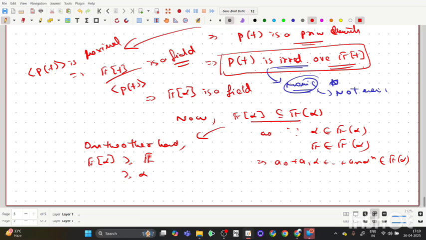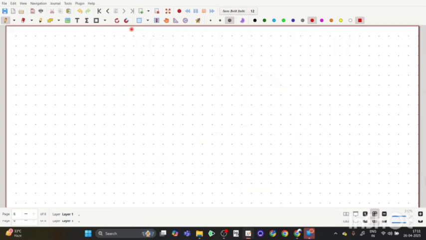So F is also in F[alpha] as the collection of all constant polynomials evaluated at alpha, and alpha itself as the evaluation of the polynomial t. So therefore, since it contains both of these, by definition of F(alpha), it is the smallest subfield containing both F and alpha. So this means that F[alpha] contains F(alpha). What do I conclude hence? Therefore, F[alpha] is the same as F(alpha).